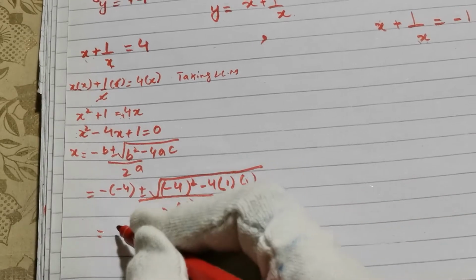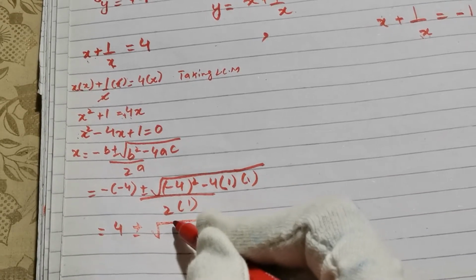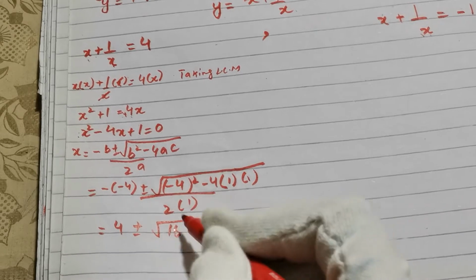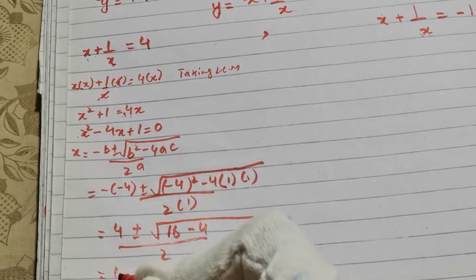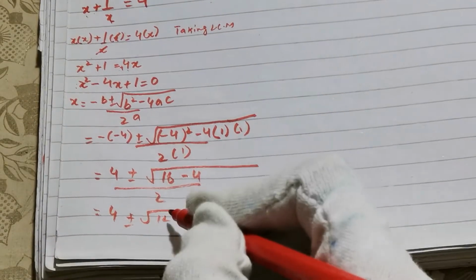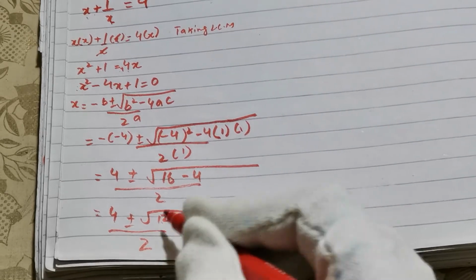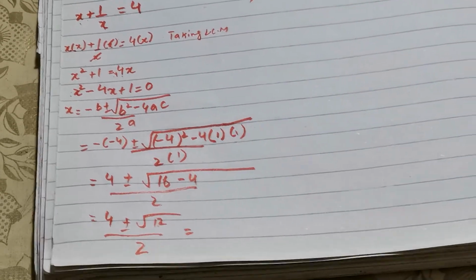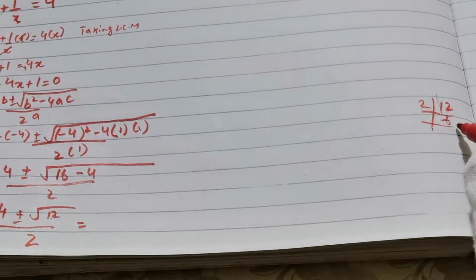So minus minus 4 becomes plus 4, plus minus under root 16 minus 4, divided by 2. 4 4s are 16, minus 4 is 12. So 4 plus minus under root 12 divided by 2. 12, 2 6s are 12, 2 3s are 6.